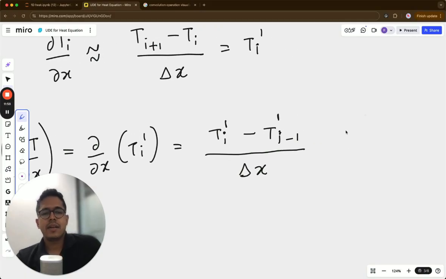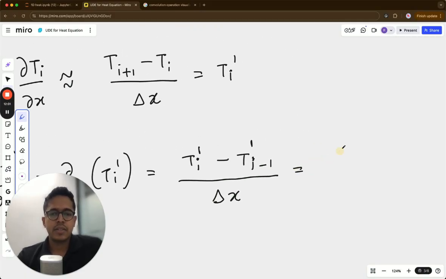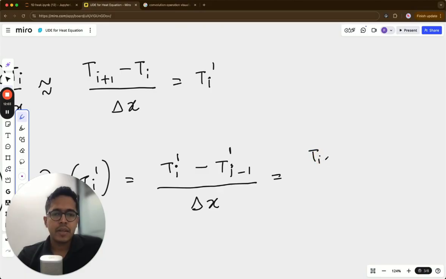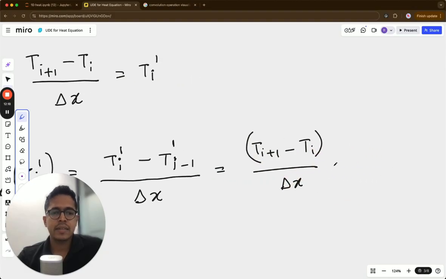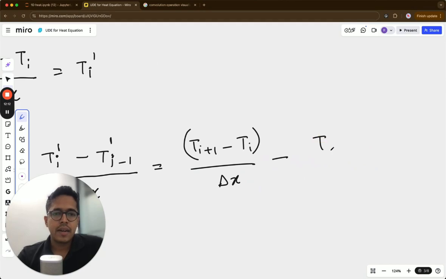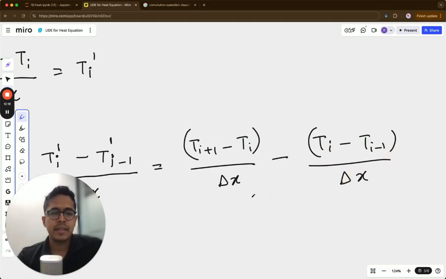And if I expand both of these, this would look like ((Ti+1 minus Ti) divided by delta x minus (Ti minus Ti-1) divided by delta x), the whole divided by delta x.